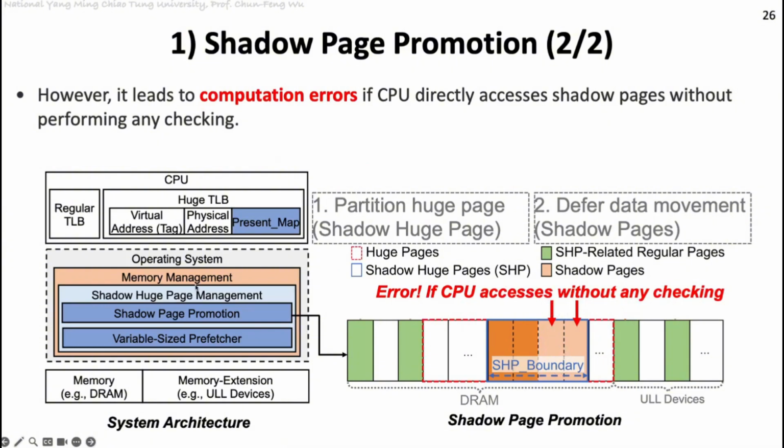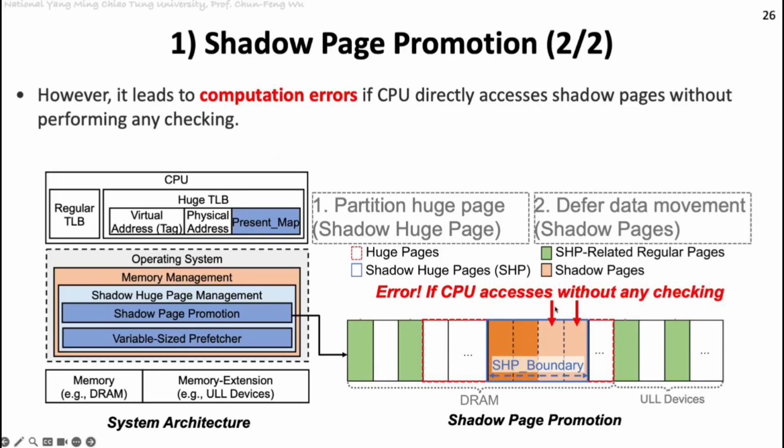So actually, we slightly modify the TLB inside the CPU. We included a new thing called the present map. The map structure is like this: for the shadow patch, we give each 4 kilobyte area 1 bit. So this 1 bit, 1 bit, 1 bit, and 1 bit, so we have 4 bits here.